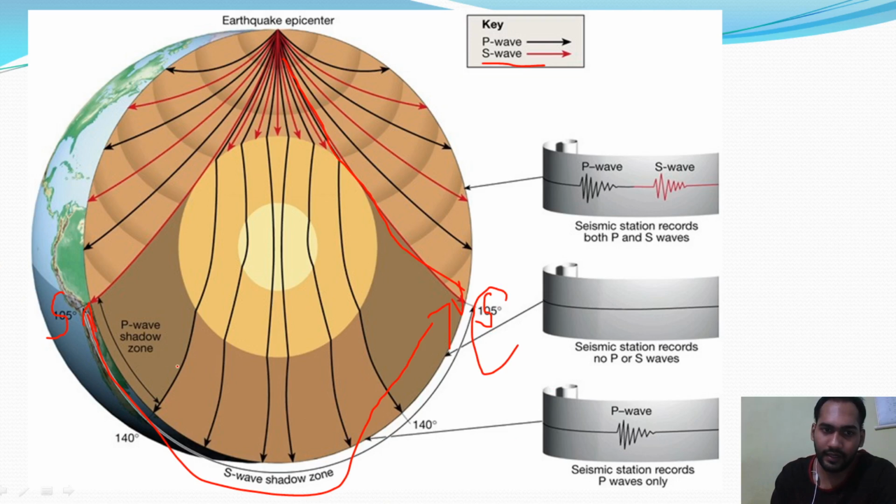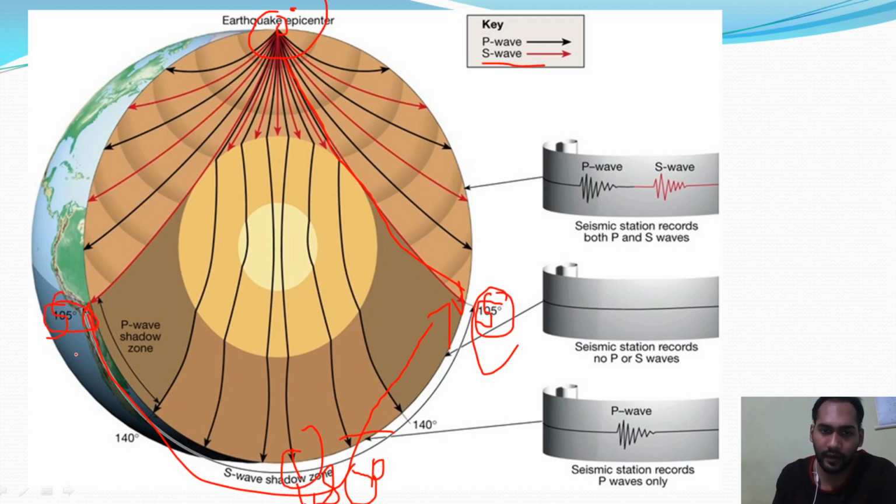So if it is 0 degree here and 180 degree here, then this angle is 105, or somewhere it is written as 103 also in some books, right?